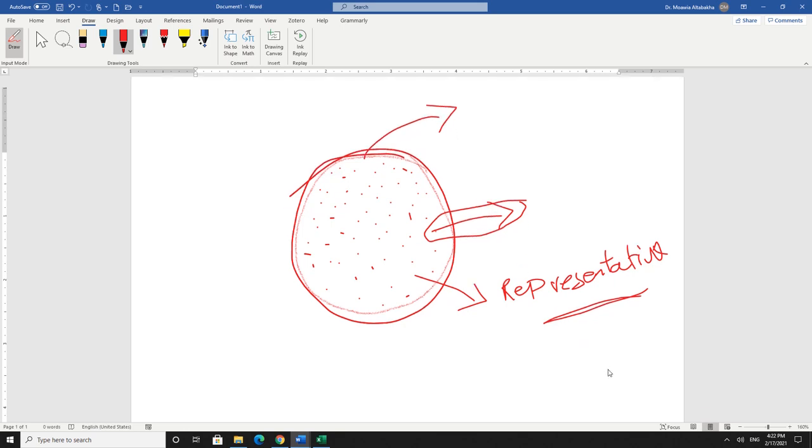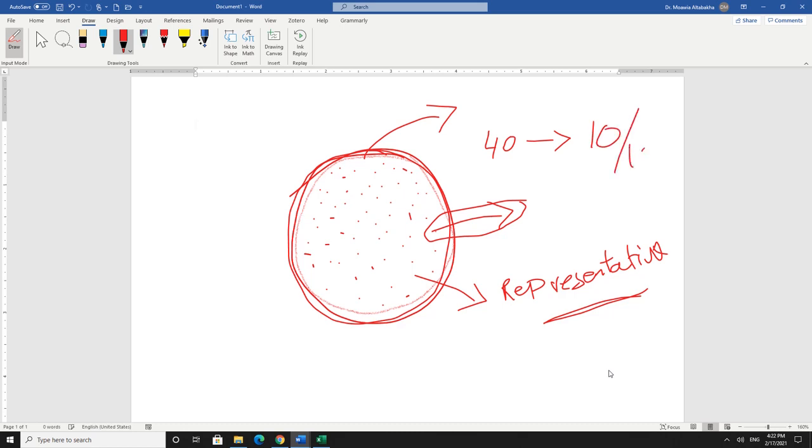Let me illustrate this. Let me consider that here is your class and there are 40 students in your class. Now I want to know their score in a quiz out of 10.